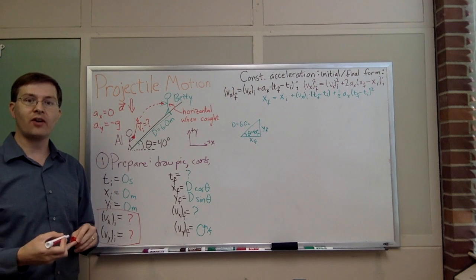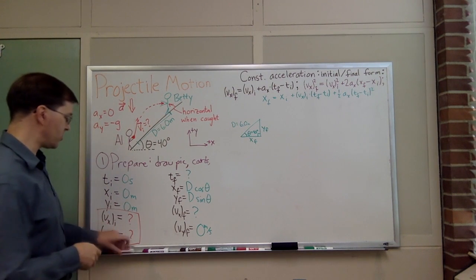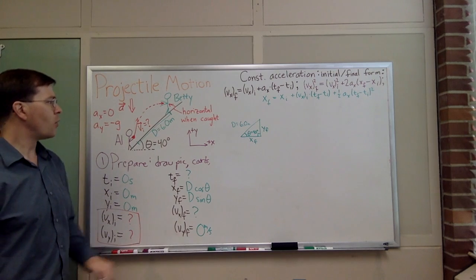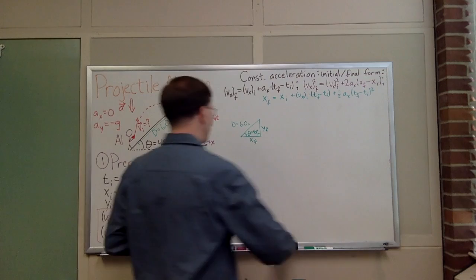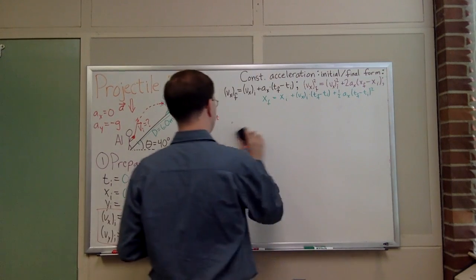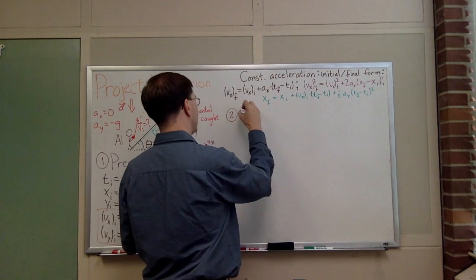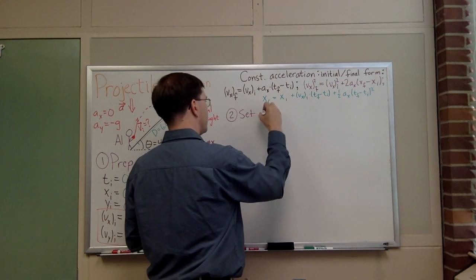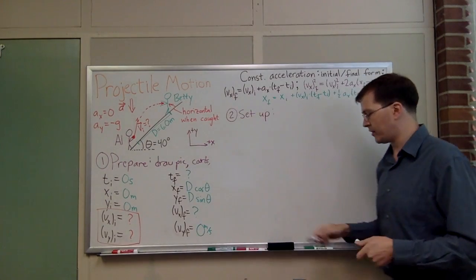Now, I finally have all the information I need to make progress, to take the next step in doing the solution. So how do we do that? Well, okay, that was my prepare step. My next step in solving physics problems is always the setup step, where I set up the equations that are relevant for the problem.